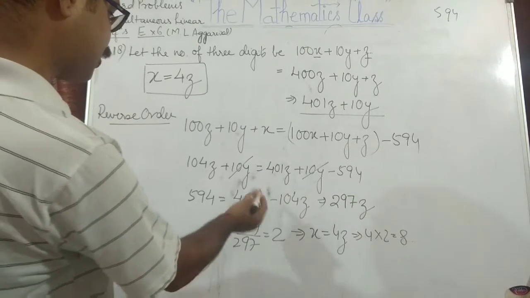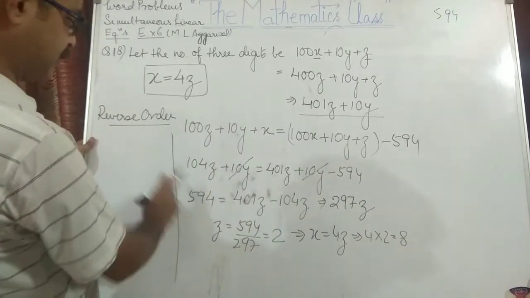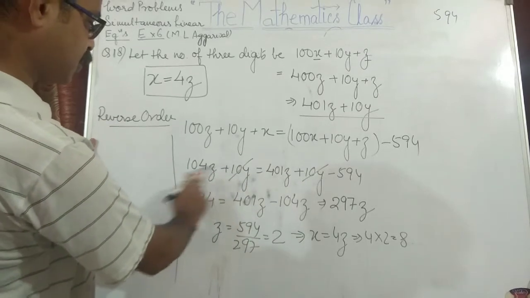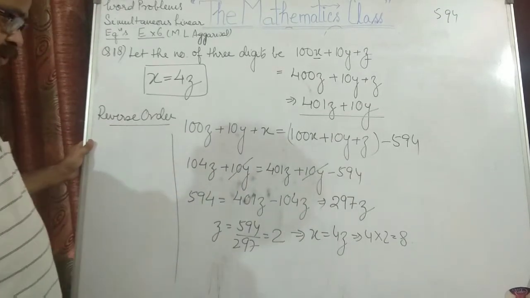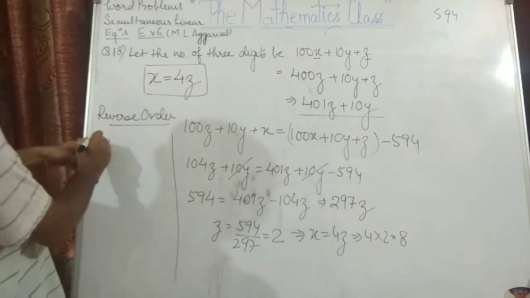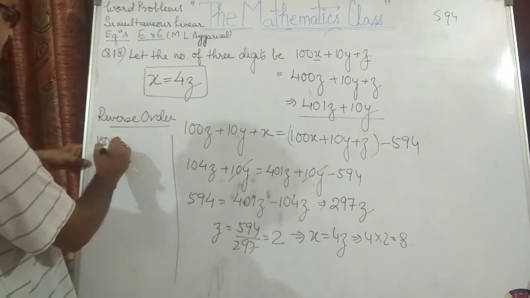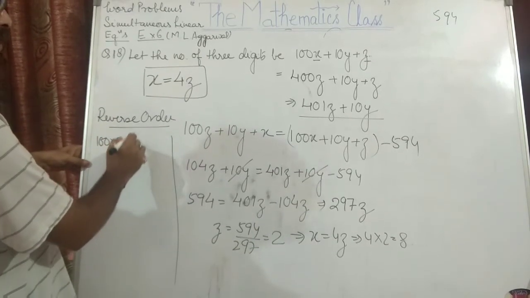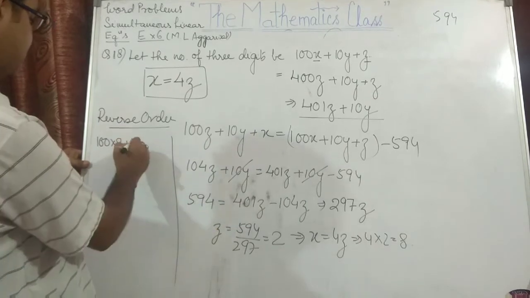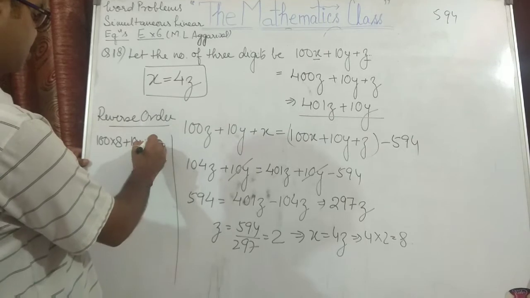Let's put in this equation 100x. So 100 into x, which was 8, plus 10 times y, plus z, which was 2, is equal to, okay.